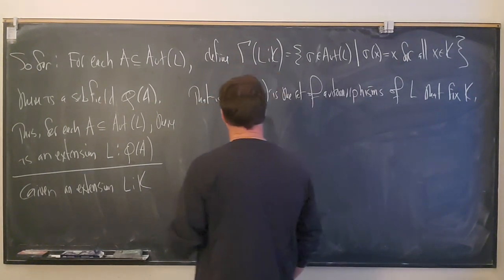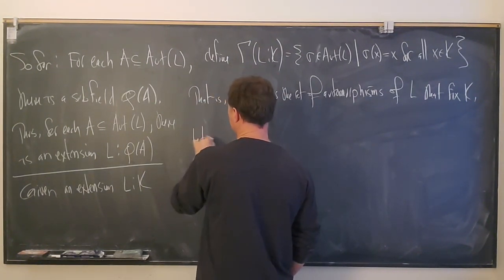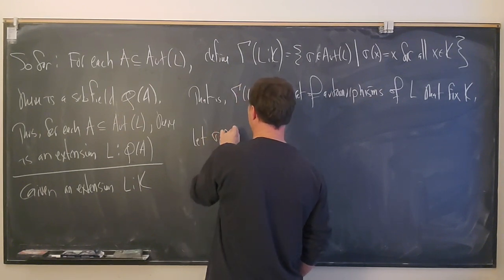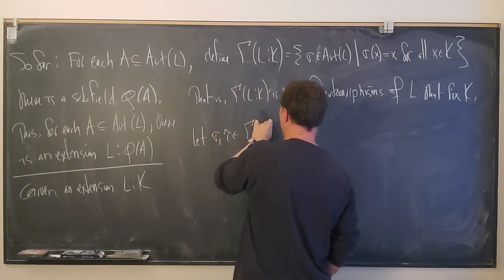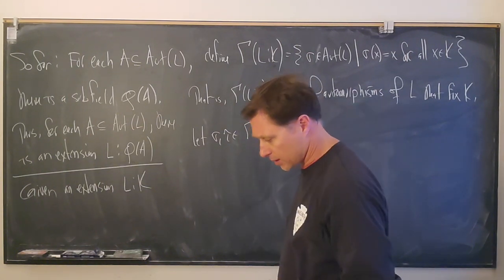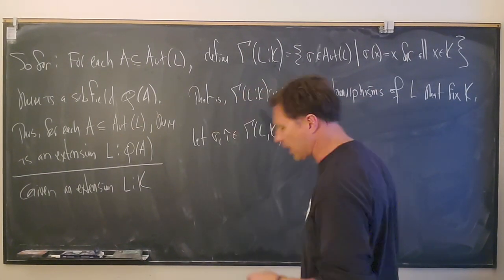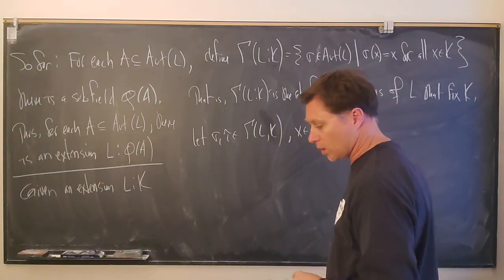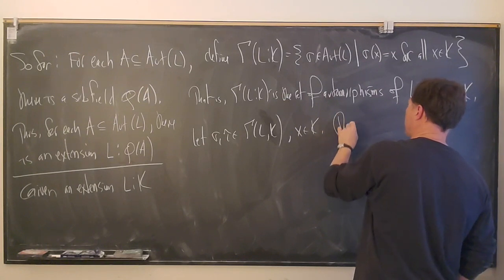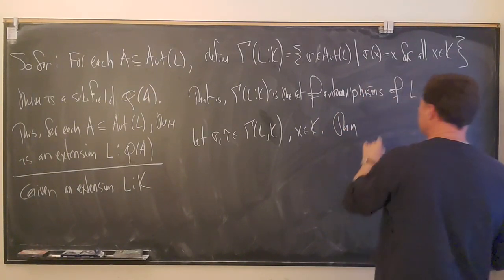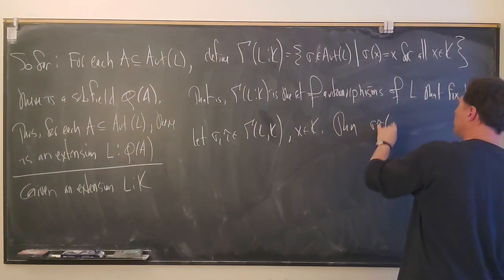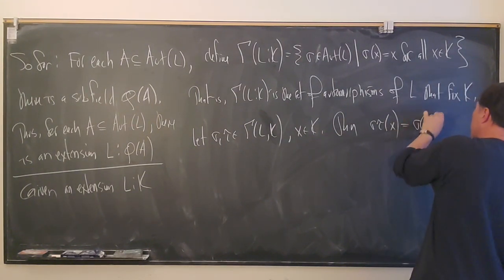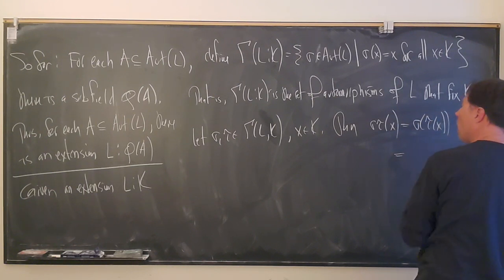So now let's take a couple of elements in there. Let sigma and tau be elements of gamma of L over K, and let's take somebody in K, so a little x in capital K. Then if we look at sigma tau of little x, remember this is composition, so this means sigma of tau of x.